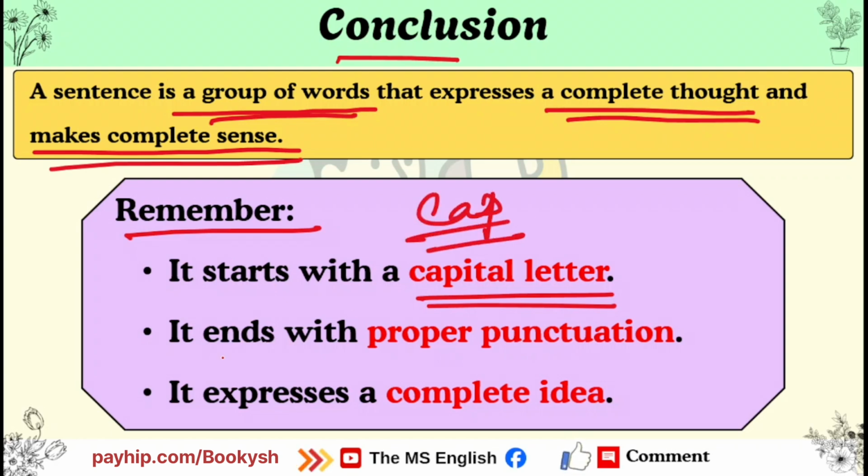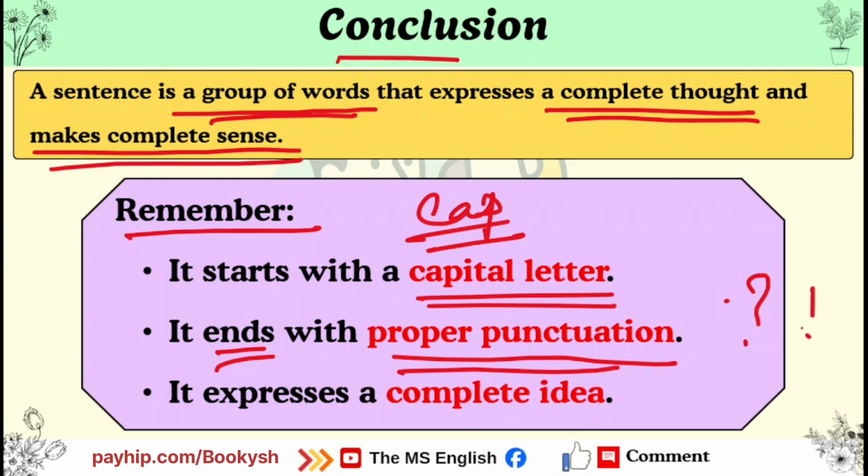A sentence ends with proper punctuation. It may be full stop, it may be question mark, it may be exclamation sign. So it expresses a complete idea. So you have to keep in mind these things, that a sentence starts with capital letter, a sentence ends with a proper punctuation, a sentence expresses a complete idea.